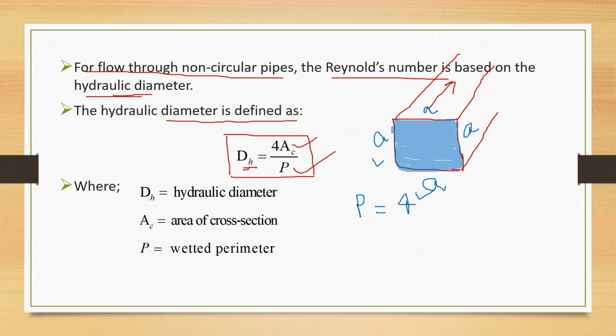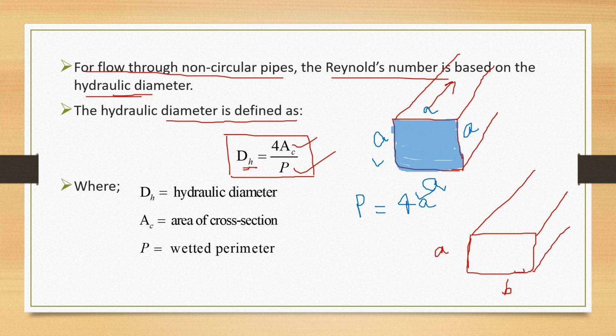Now let's take another example. Suppose this is another pipe, with lengths A and B. The flow is going in this direction.